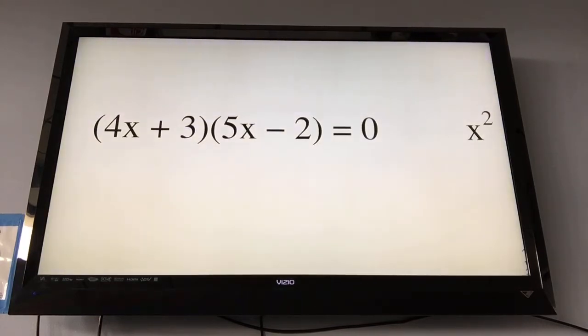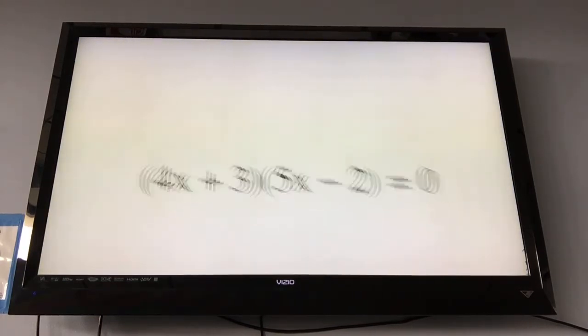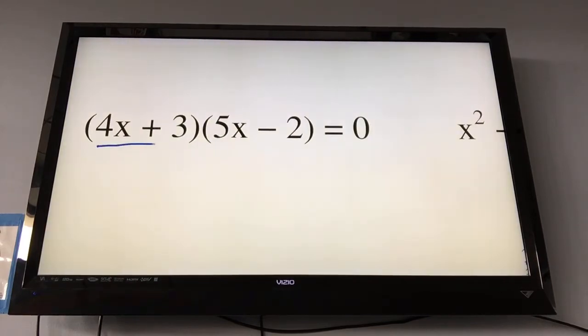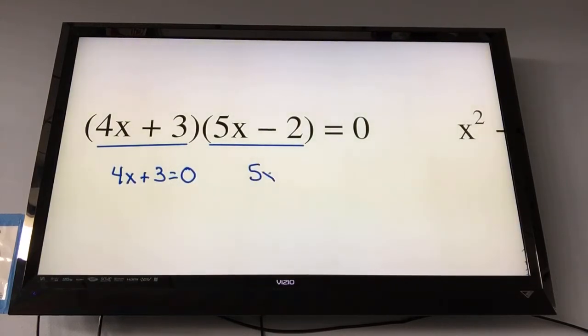All right, so this one is factored and equal to 0. So we're ready to go. This times this equals 0, which means, again, one of them, either 4x plus 3, has to be 0, or 5x minus 2 has to be 0.